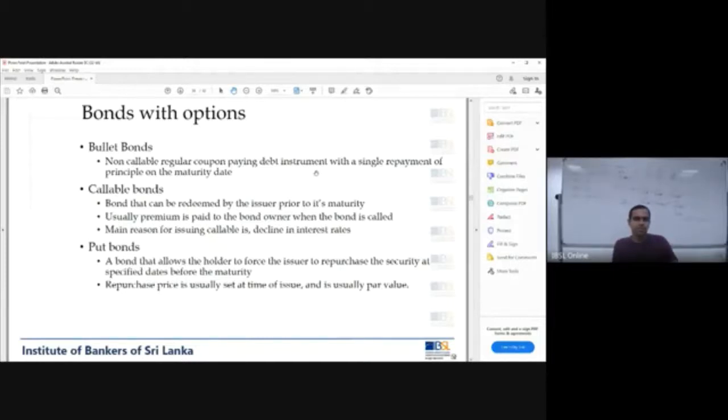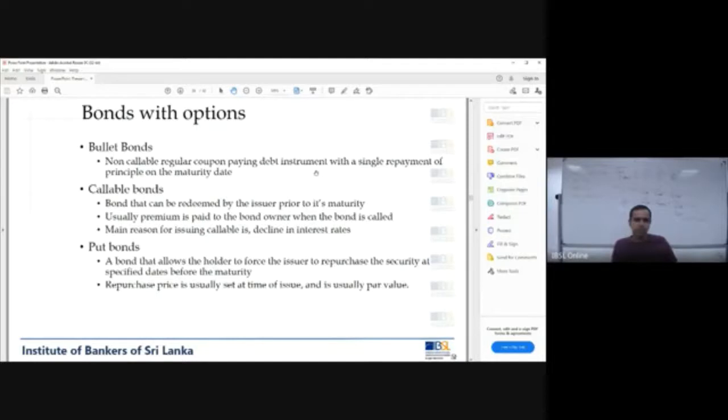Meaning, if interest rates start dropping, the issuer will call the bond back, and for that he has to pay a premium to the seller. The main reason for issuing a callable bond is to take advantage of declining interest rates. When interest rates drop, you will benefit if you have issued callable bonds.